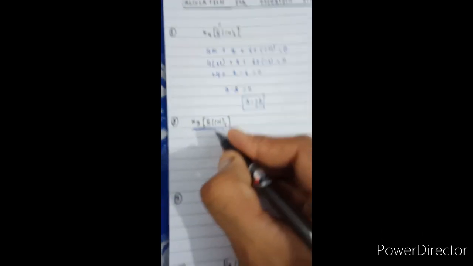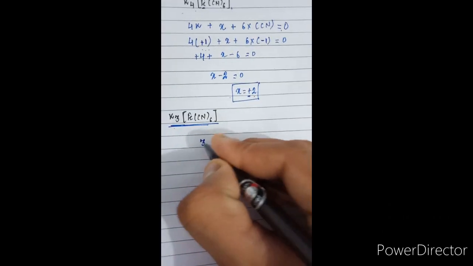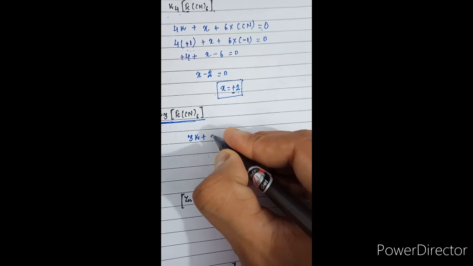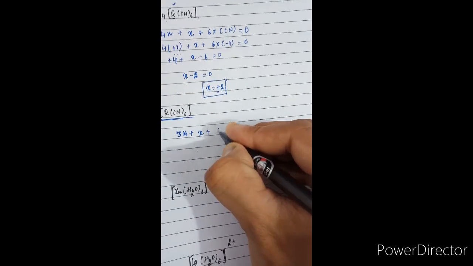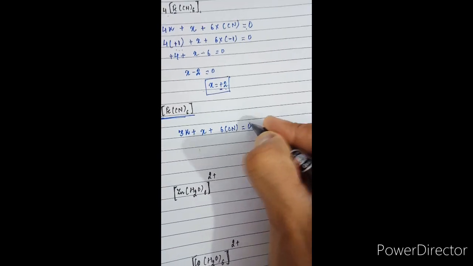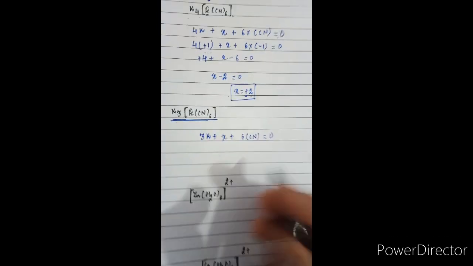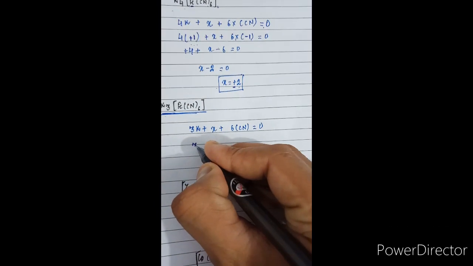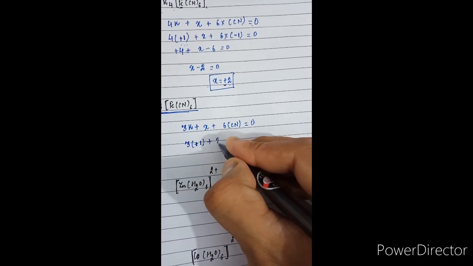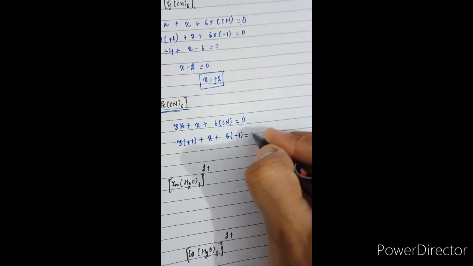So we can break this complex into 3K plus, let the oxidation state of iron be X, plus 6 cyanide. The overall charge will be 0 because molecules are neutral in nature and this complex is neutral. Now the same way: 3 for potassium into +1, plus X, plus 6 into cyanide -1, equals 0.